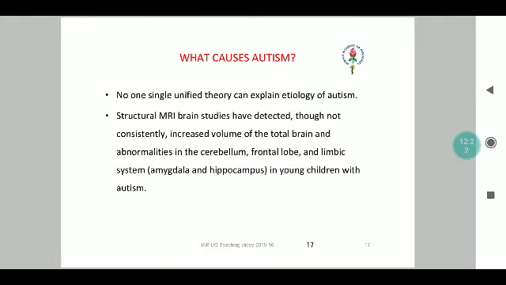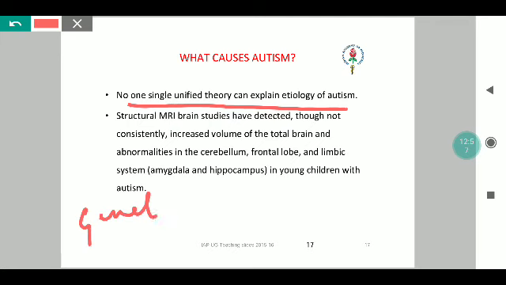Now, as far as the cause, no single unified theory can explain the etiology of autism. Nobody can say that it is because of a cause and effect relationship, that there is a causative factor X and Y, and as a result of X and Y in that child, there is a presence of autism. It doesn't work that way. The general perception is autism is genetic, and studies have proven that.